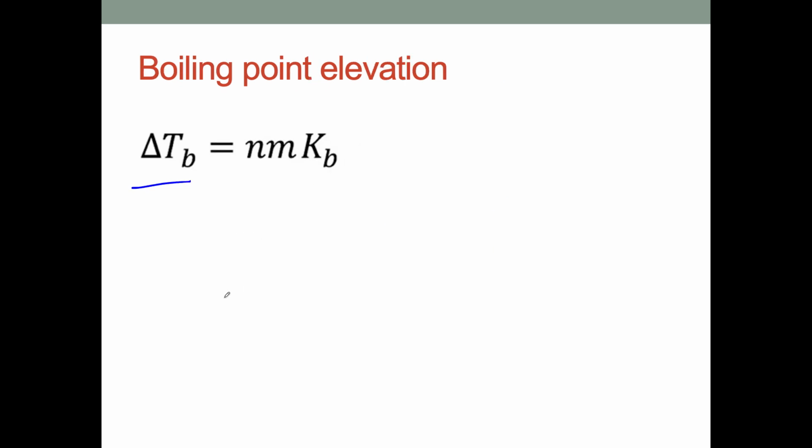The boiling point elevation is actually positive. I'm going to add it to the boiling point, in other words, to find the new boiling point. This is a constant, and this boiling point constant is going to be constant for each compound. Again, molality, and the number of pieces.